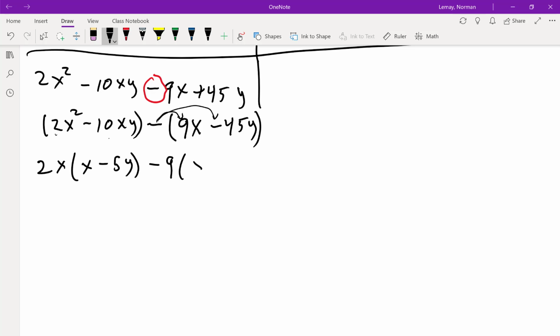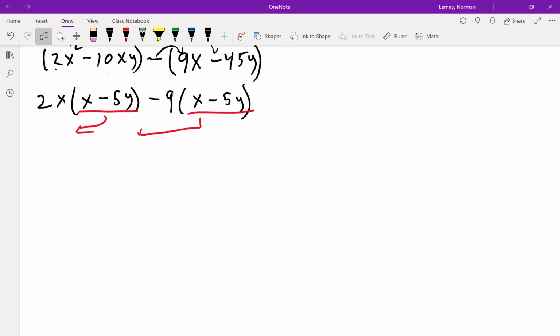So here we're left with x minus 5y. And again, we have our x minus 5y, so we can pull that out. So when we pull out our x minus 5y, then we're left with 2x minus 9. So that's completely factored. We can go ahead and stop there.